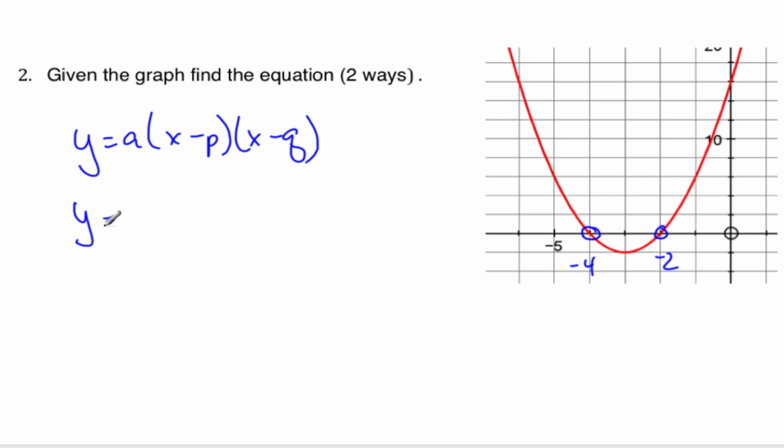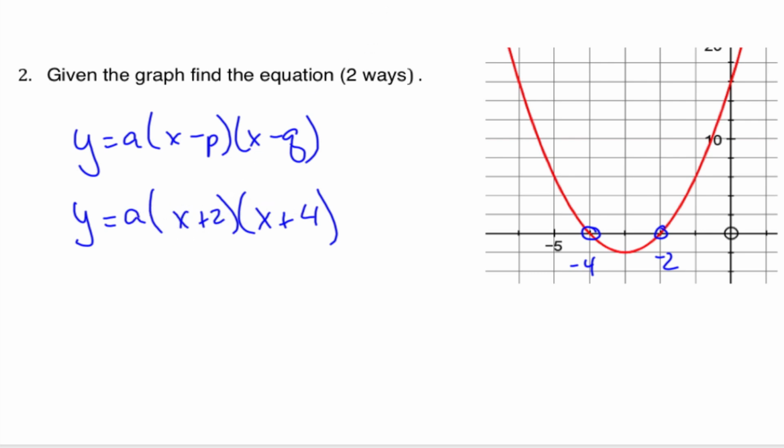So what we need to do is (x add 2) and (x add 4). We can check when x is -2, that is going to make y equal to 0, and when x is -4, that's also going to make y equal to 0, because 0 times all that is just 0.